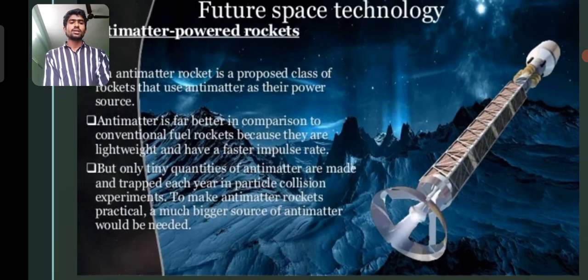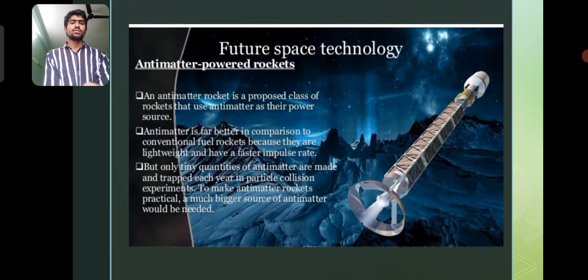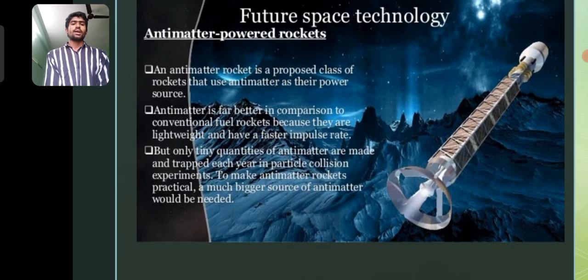And next, future technology. How would be the future technology? Antimatter powered rockets. Antimatter rockets are a proposed class of rocket that uses antimatter as their power source. Antimatter is far better in comparison to conventional fuel rockets because they are lightweight and have a faster impulse rate.